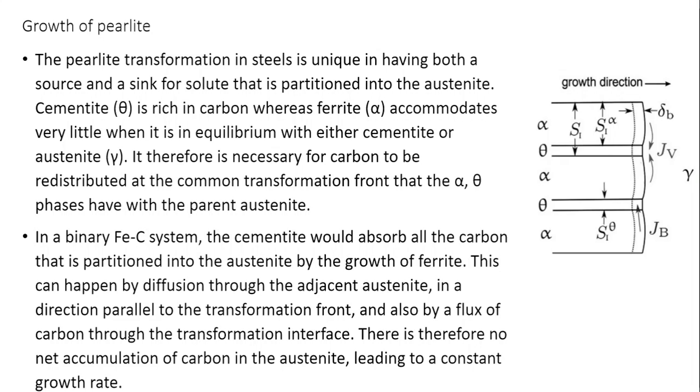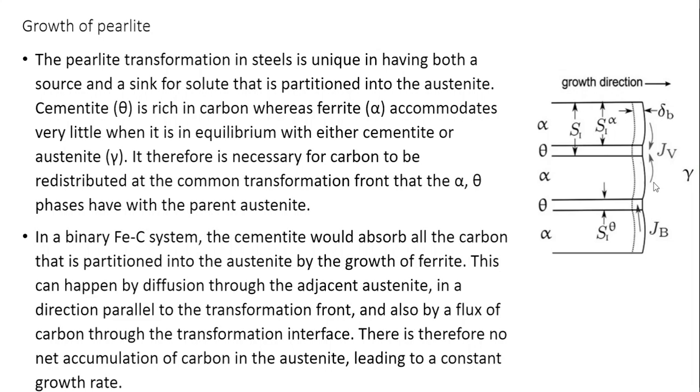And the growth of theta involves diffusion of carbon atoms so that it can grow and have a composition equal to 6.67% carbon. So theta acts as a sink for carbon, and alpha acts as a source for carbon, and the transfer direction of carbon is given by these two arrows.